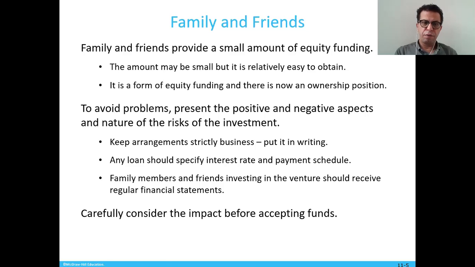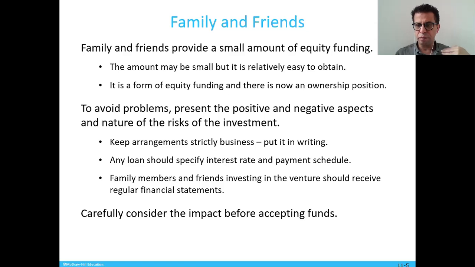So family and friends provide a small amount of equity funds. The amount may be small, but it's relatively easy to obtain. When you talk to a family member or a friend, you want to make sure that you also treat them as ownership.